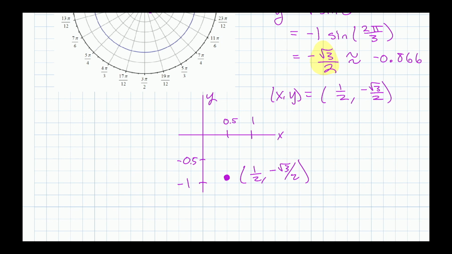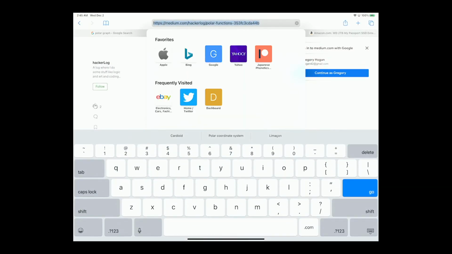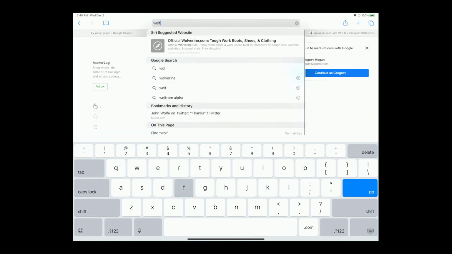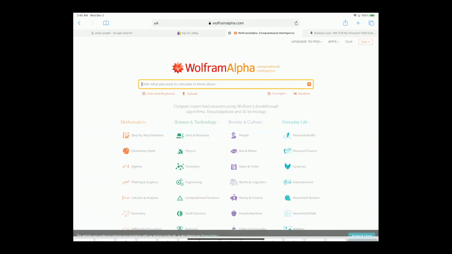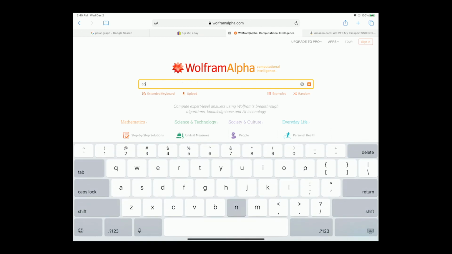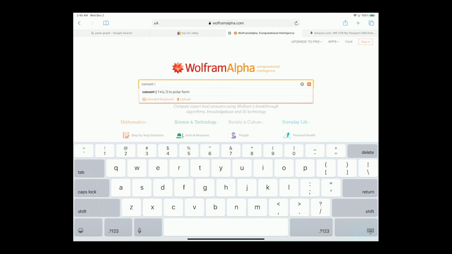And you can do this on Wolfram Alpha or something. Actually, you can do it a lot of ways on Wolfram Alpha. You could probably say convert parentheses. What was it? -1 comma 2 pi over 3 to, I'll say rectangular just to see what it says.